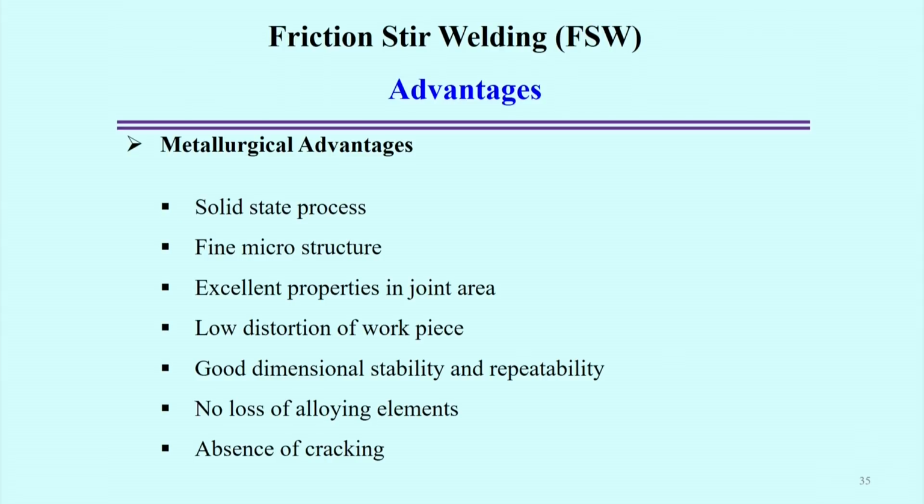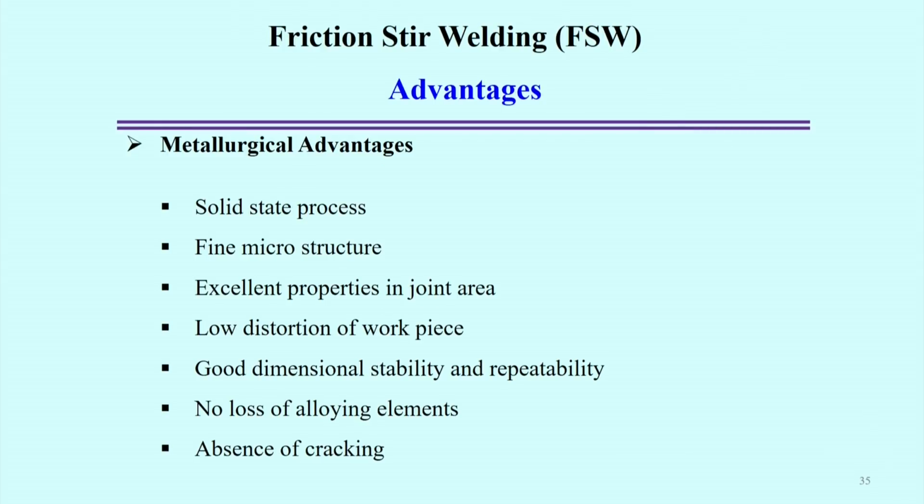Then normally we can find a fine microstructure. This is another advantage. Almost equiaxed fine microstructure can be found in the nugget zone, because the temperature and strain rate, or deformation conditions, in friction stir welding are relatively higher. That creates the mechanism of recrystallization.